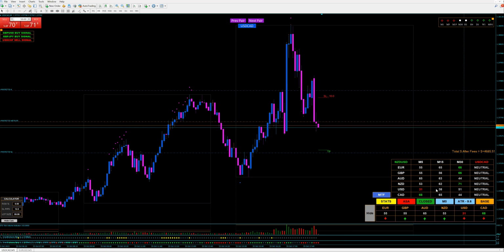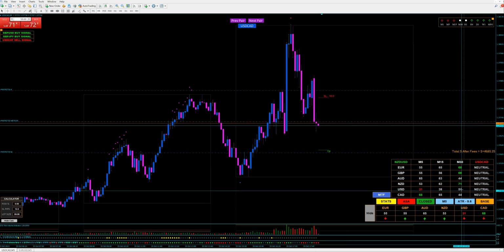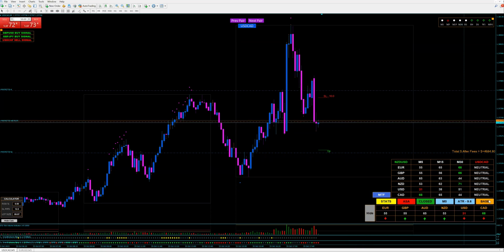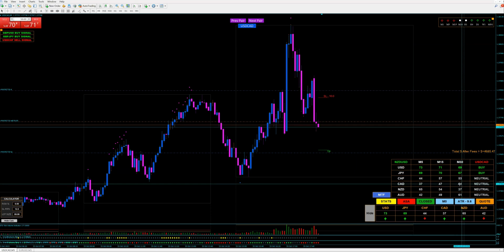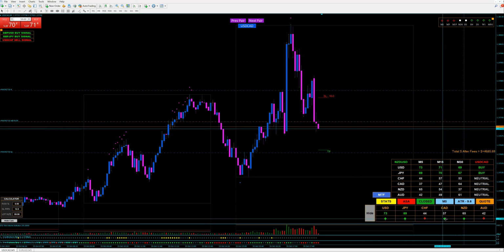So we've got USD pairs that are all on the base side down below 50 or right at 50. This is the only one that's not all the way below it. CAD numbers, let me see. Again, all below 50 except for the minute 30. And this was actually lower at the time of the signal. You can see the ASA arrows pointing up, which means that last candle closed a little higher.